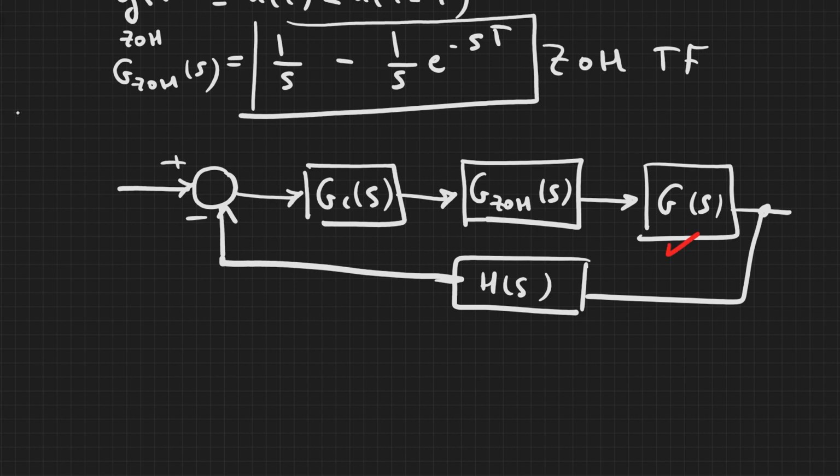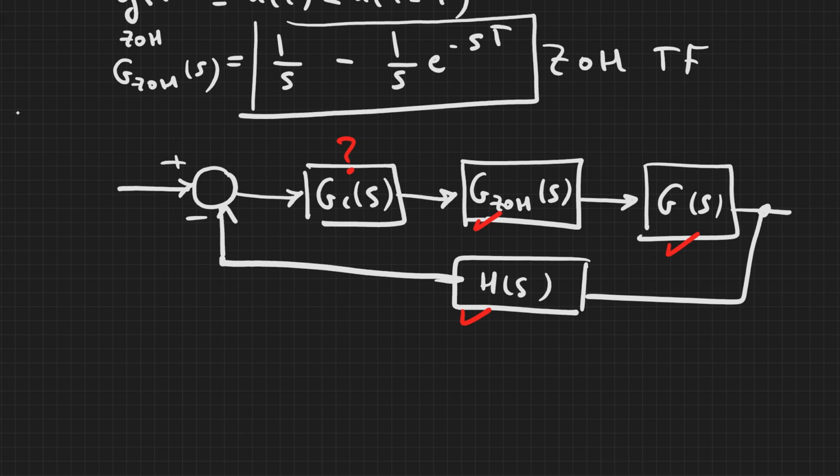Once we have this set up, we know G, we know H, and we know the zero order hold. So the task becomes how to obtain the controller transfer function, and we can obtain it using the method that we described earlier.